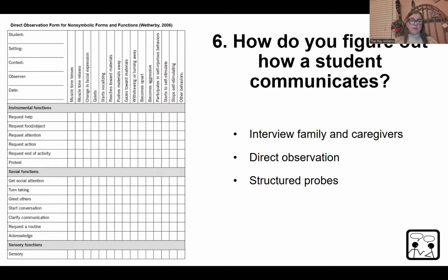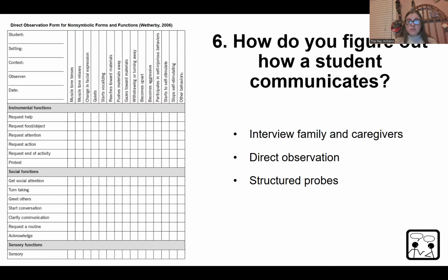When we have students who are at that non-symbolic level, we want to look at things like how do they request help? Does their muscle tone tense? Does it relax? Do they become upset? Do they start vocalizing or do they get quiet? How do they protest things? Do they start to engage in self-stimulatory behavior? Do they become aggressive?